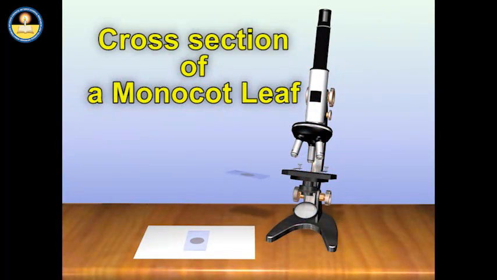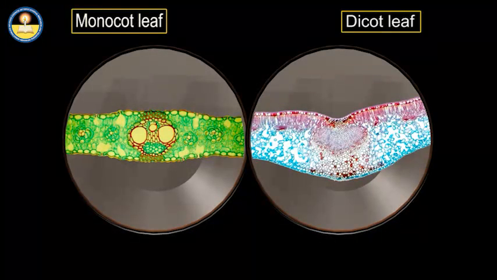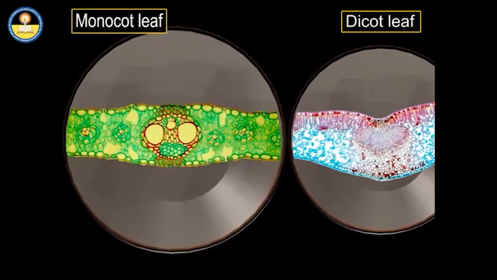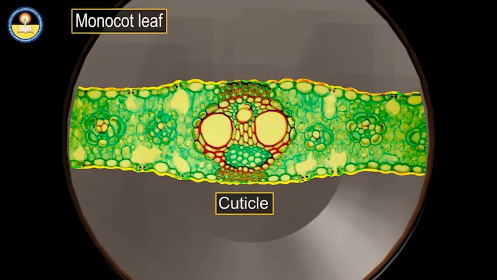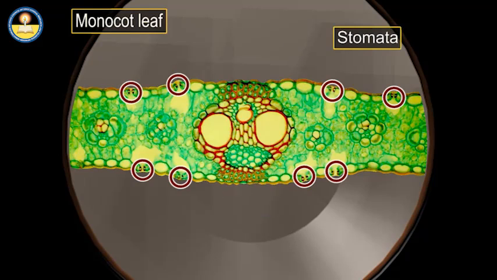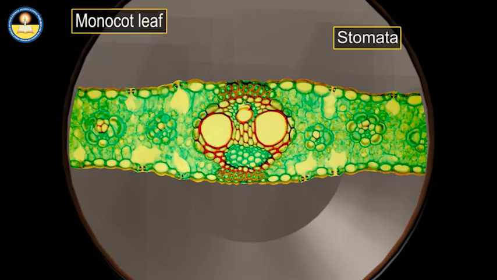Cross-section of a monocot leaf. Monocot leaf is slightly different from dicot leaf. In case of monocot leaf, uniform cuticle is present on both the sides. Numbers of stomata are also equal on both sides, upper as well as lower epidermis.